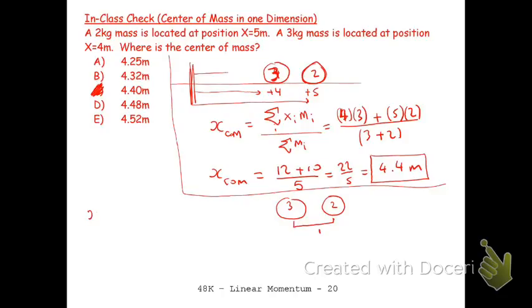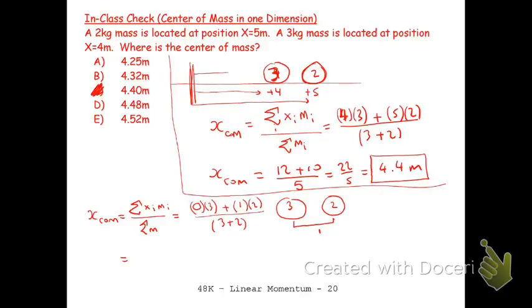My xCOM is equal to, every time I write it down it gets a little bit more ingrained, 0 times 3 plus 1 times 2 over 3 plus 2.